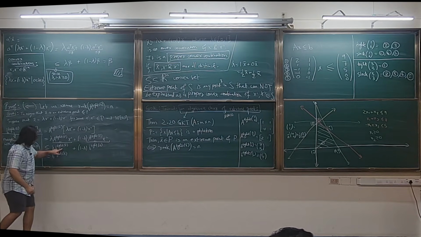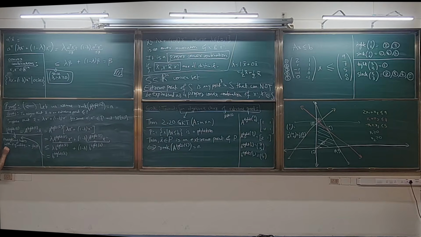In fact, this value is equal to this. A tight of x bar times x prime is exactly equal to b tight x bar, and likewise a tight x bar x double prime is also the same as b tight x bar.